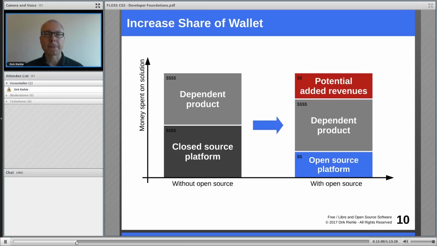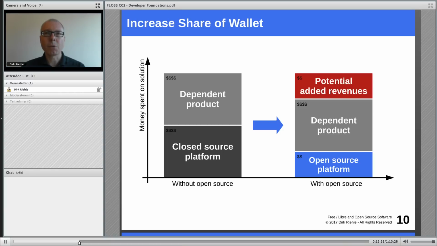So the company may not necessarily, if they get the customer to switch from Windows to Linux, be able to increase the price of their application, of the dependent product here, but they may be able to perhaps sell more. In any way, the money in the customer's wallet is a bit more loose because suddenly there's breathing space.